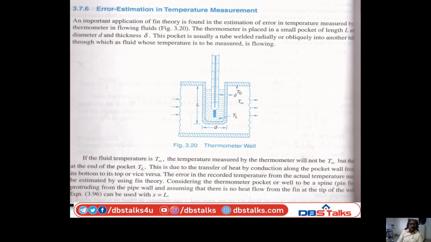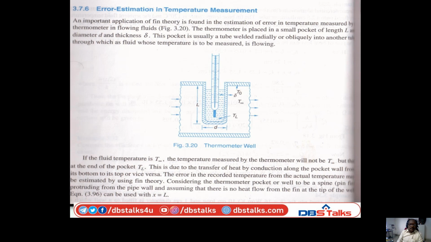Here there is a pipe, and inside the pipe some air or fluid is flowing at temperature T infinity. For this fluid temperature, we are going to find the error estimation of the temperature measurement.